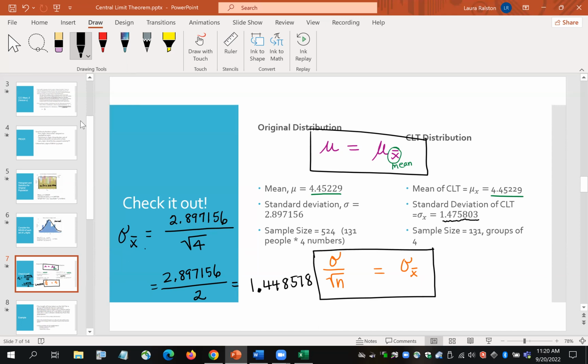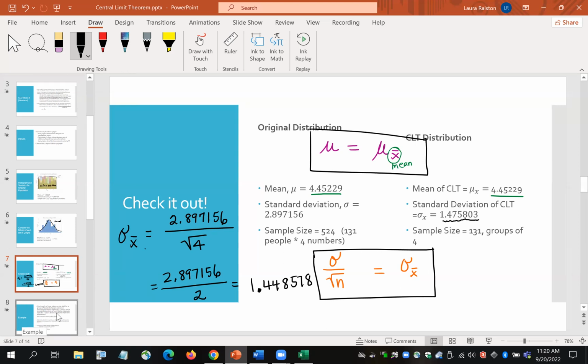And because we have a normal distribution, I can then treat my problems like the normal distribution that we talked about last class, which I know was a few days ago.